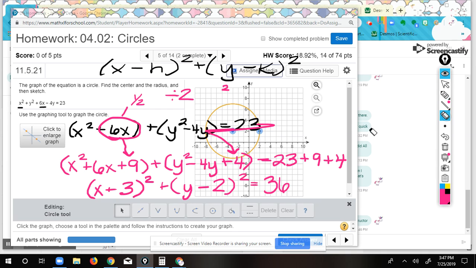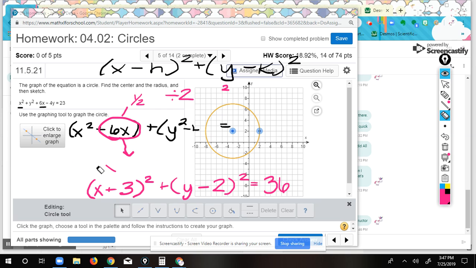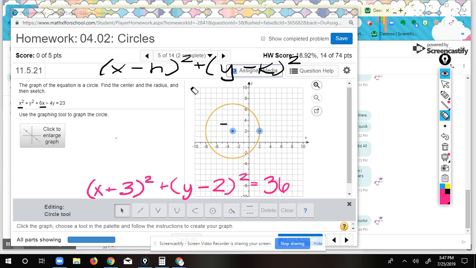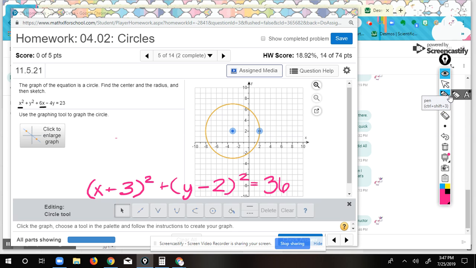This tells us our center, we're going to read it right off of the formula. We read the opposite of what's next to x, so -3, and the opposite of what's with that y, so 2. And then the radius is whatever that 36 square rooted is, and the square root of 36 is 6.